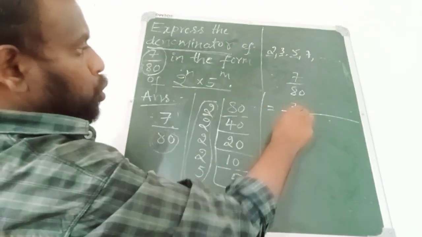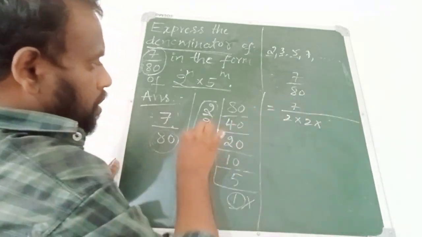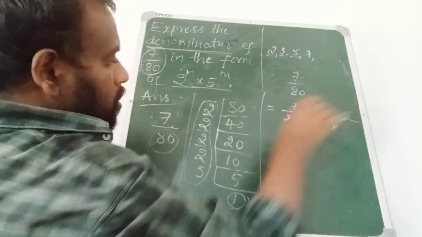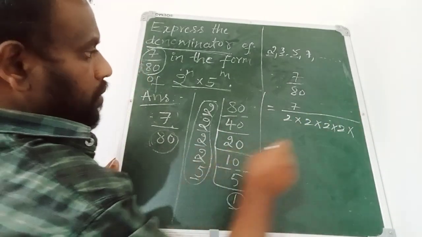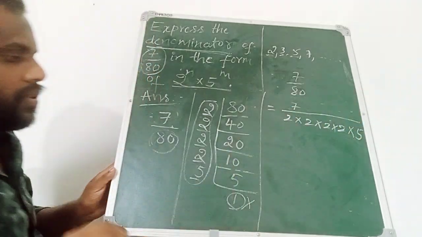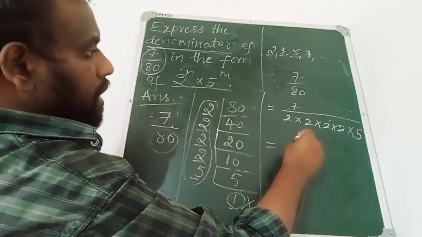Consider this first number 2, into, then this 2, into, then this 2, into, then this 2, into, then this 5.